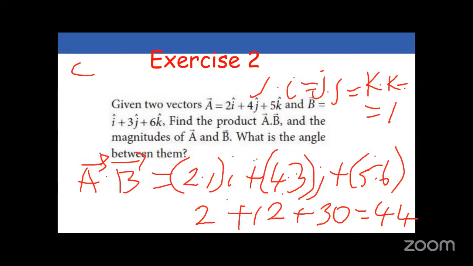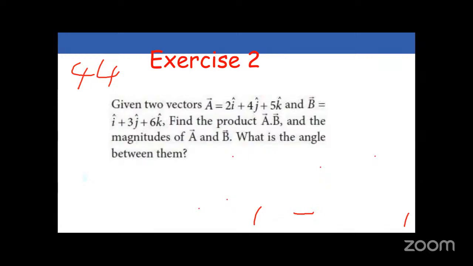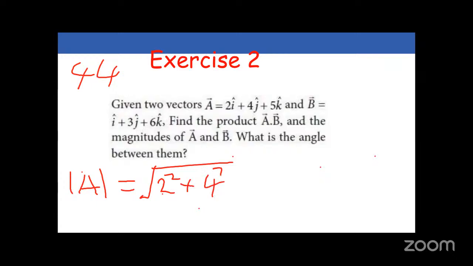So let's have our 44 somewhere here. Now, the next thing we are asked to do is to find the magnitude of A and magnitude of B. So magnitude of A is given as square root of 2 square plus 4 square plus 5 square.